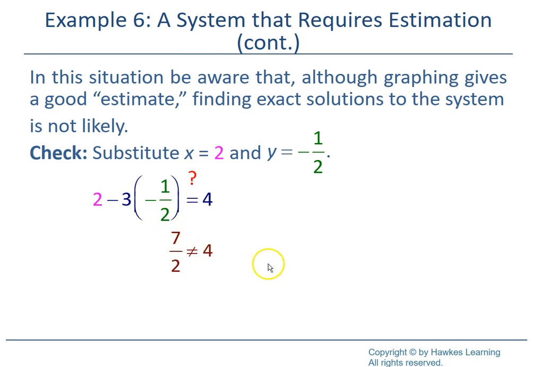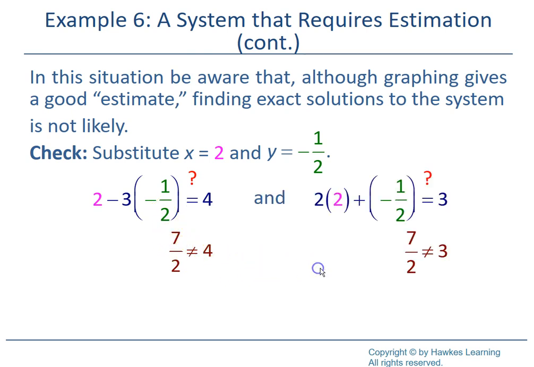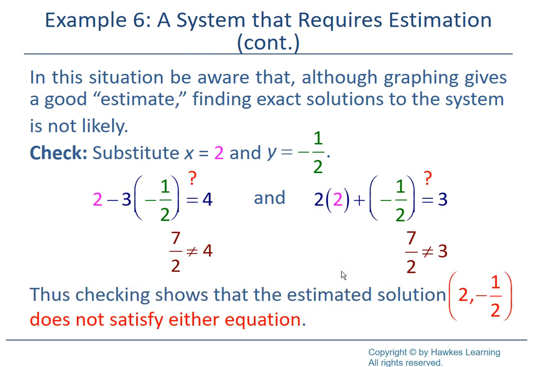So this is not true. And that one's not true. So when you checked your estimate, it didn't satisfy the equation. That's why graphing is a little bit challenging, because if it doesn't fall on a grid line, it's hard to read the solution.